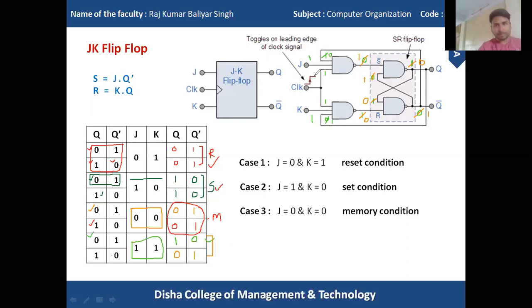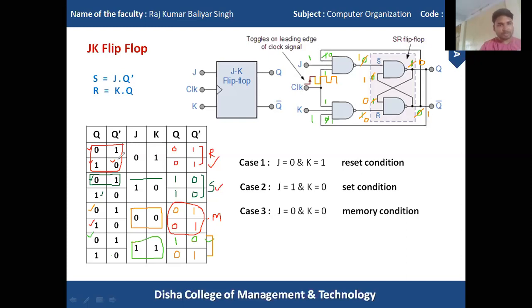Okay, again the clock is high. The clock is moving like this. With one clock cycle, still the value of J and K is same, but we are getting the different value of Q and Q naught.